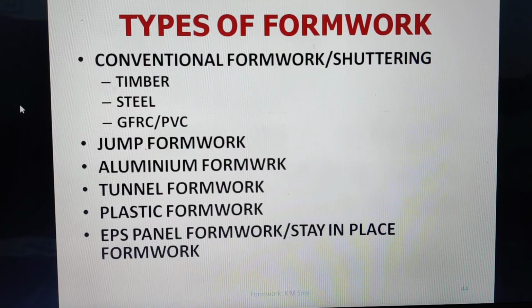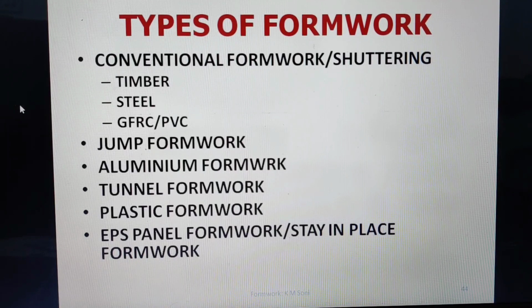There are a large number of types of formwork which are available. We have talked about conventional formwork or shuttering. That I told, timber was initially used. Nowadays steel formwork is used, and now GFRC or PVC are available. Specialized formwork have come now, which we call jump formwork, aluminium formwork, tunnel formwork, or plastic formwork.